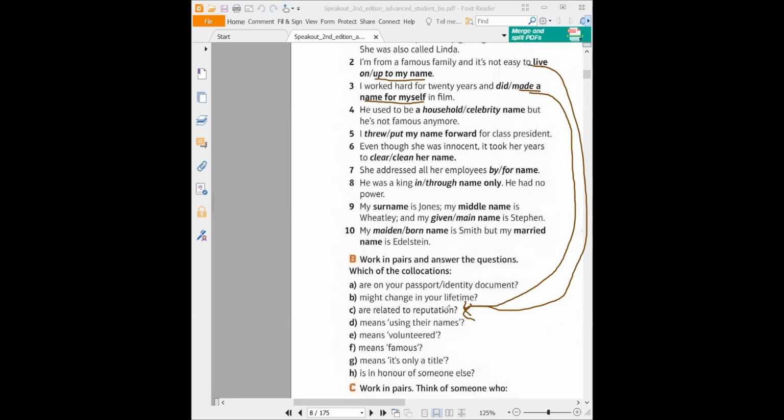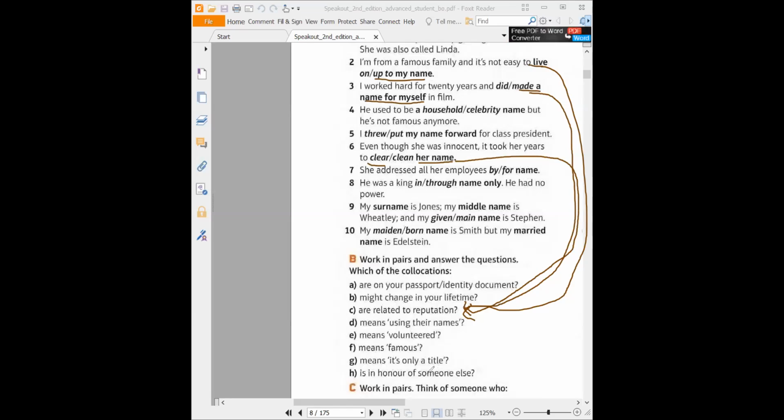Made a name for myself. Yes, clear her name, this one as well. She did something to make a reputation for herself. Okay, that's good. Which one means using their names? Named after?